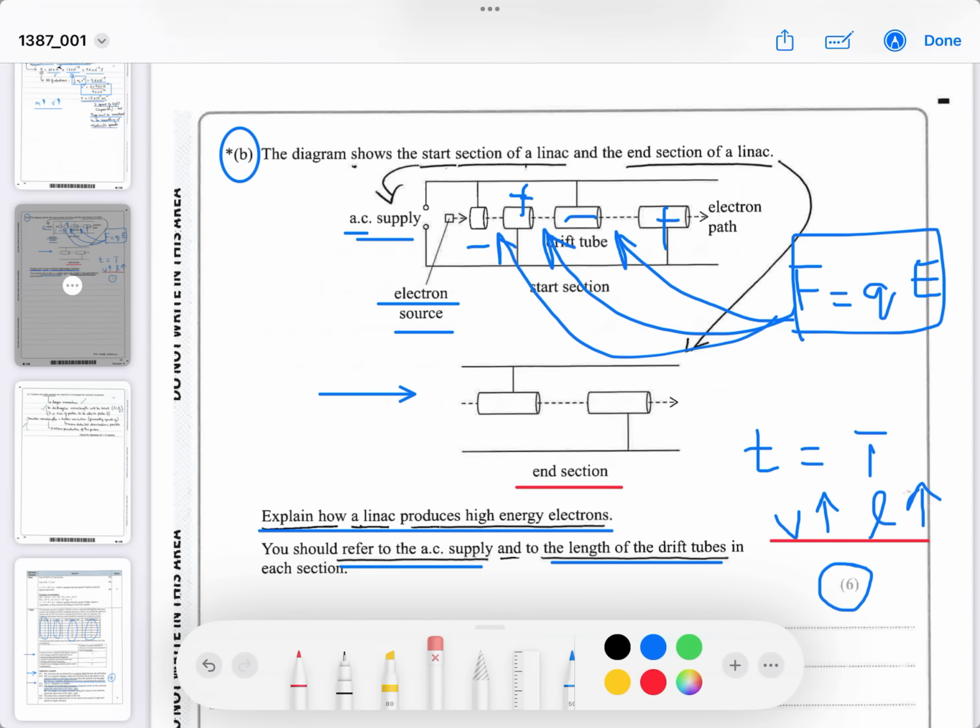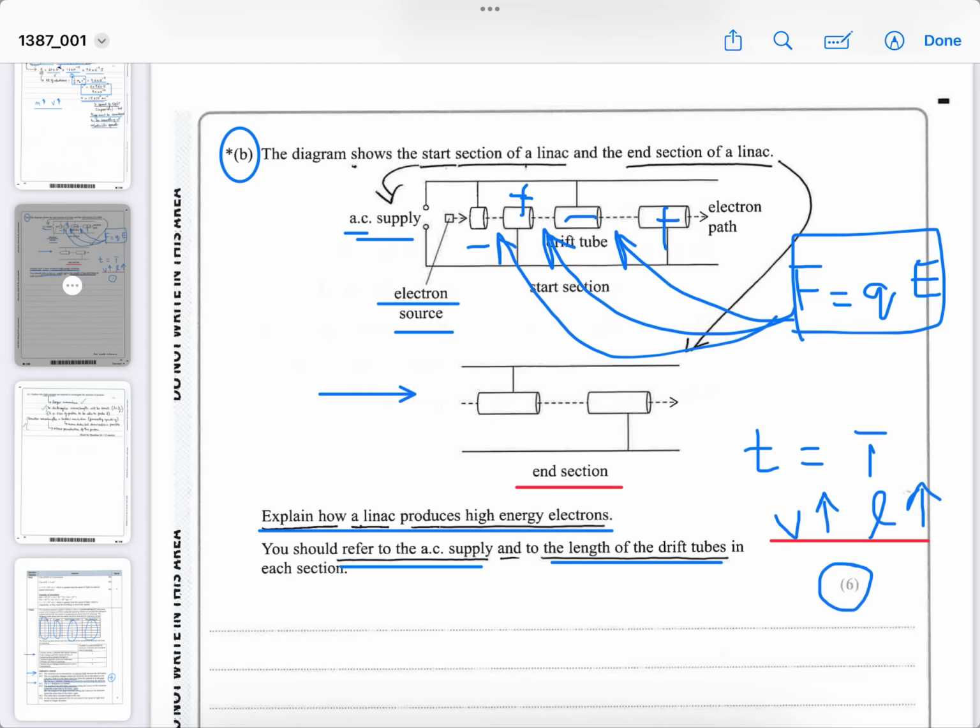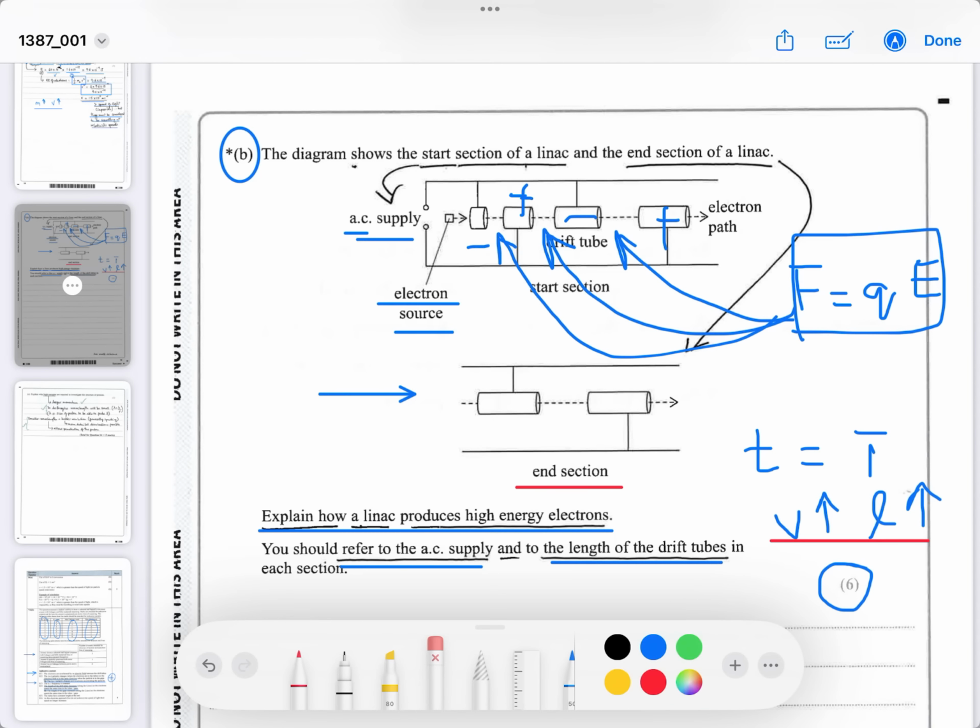It's a good thing that I looked at the mark scheme to see that the end section they've put with equal length drift tubes, and they're saying that's because the velocity has reached its maximum value. Therefore, they need to make the length corresponding to that maximum velocity value. Okay? So that's something that I would have missed, and I wouldn't have got full marks.